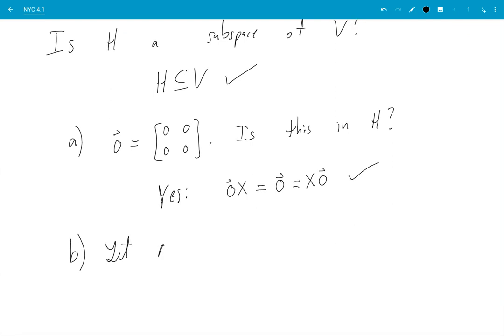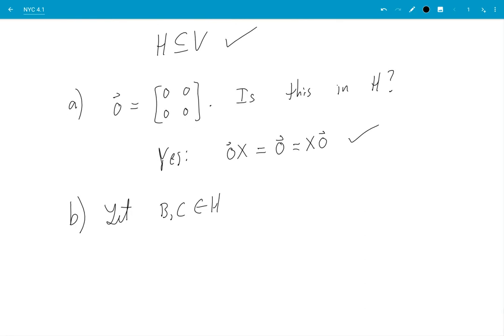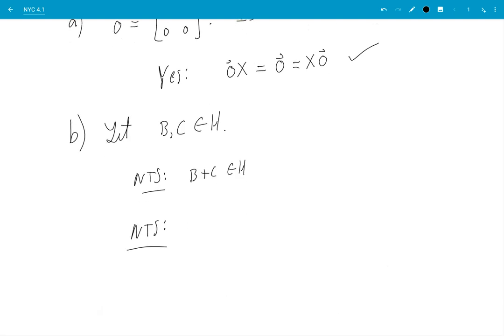B, closure under addition. I don't want to use A and B, so let's say let B and C be in H. Okay, so I need to show B plus C is in H. So refining further, I have to show that B plus C passes the defining equation for H. Remember it was A X has to equal X A, right?